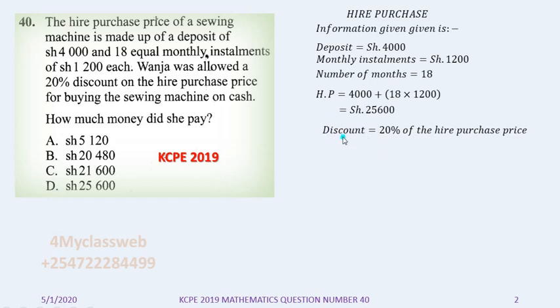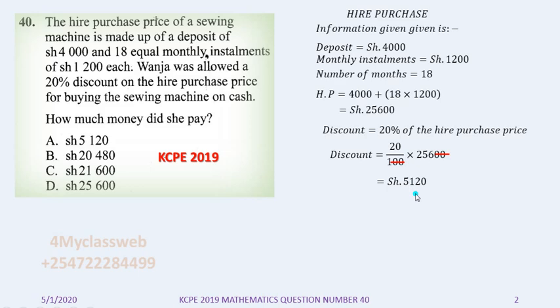So let us calculate this discount. If we take 20% of the 25,600 and then we do away with these two zeros there, you'll be left with 20 multiplied by 256, which will give us now the discount to be 5,120.